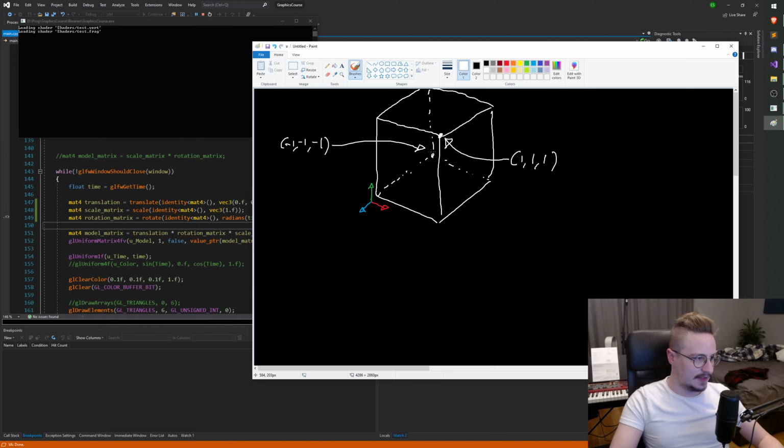All right, so it goes from -1 to +1 in all the axes. And then 0, 0, 0, the origin, is smack dab in the middle of the cube. And so far, we have been working in one slice of this cube.